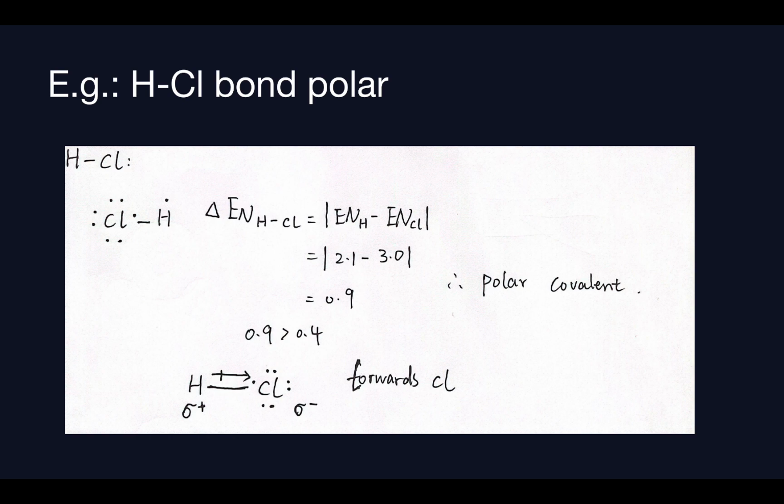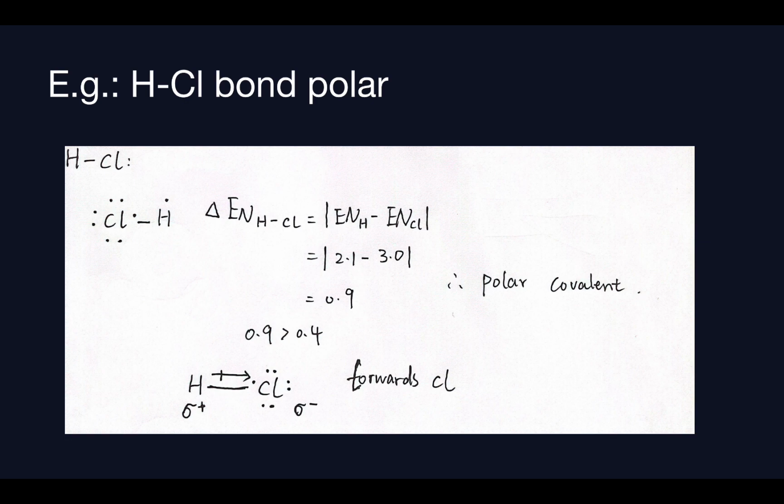Never mind. It is the absolute value of 2.1 minus 3, which is 0.9. And obviously, 0.9 is larger than 0.4, which is the limit for differentiating polar or nonpolar covalent compounds. So in this case, the HCl bond is obviously polar covalent.